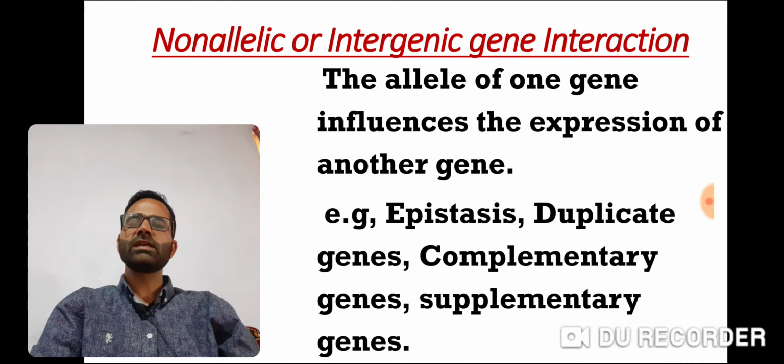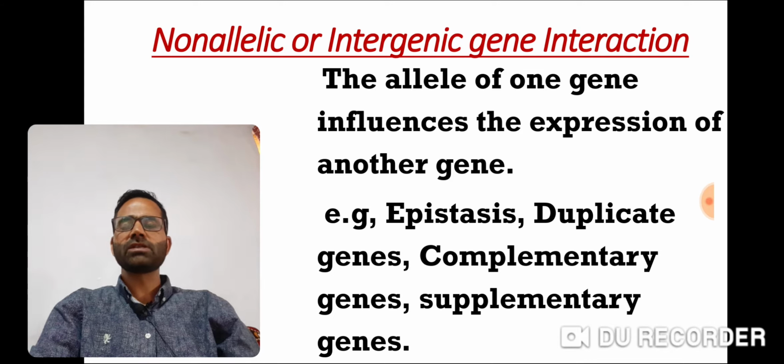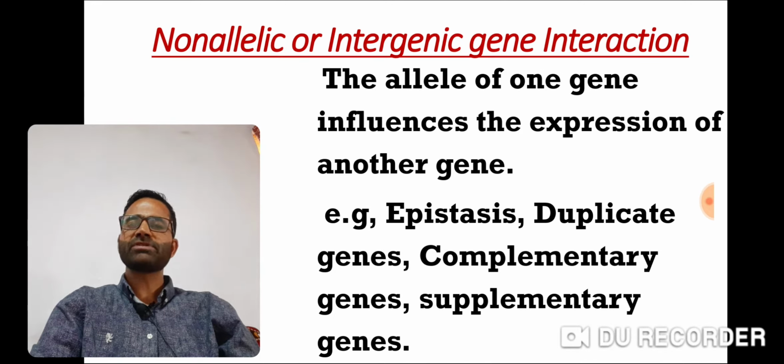So in this case, the allele of one gene influences the expression of another allele of a different gene. And the important examples of nonallelic gene interaction are epistasis, duplicate genes, complementary genes, and supplementary genes.